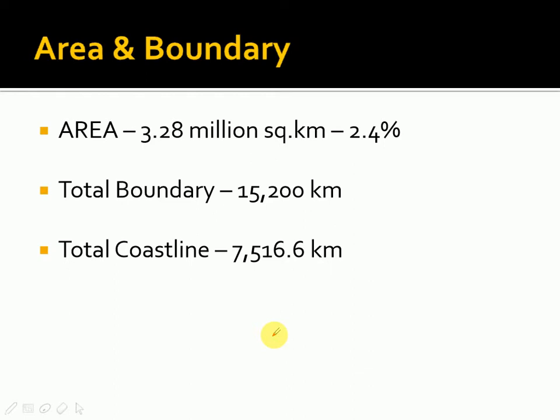There are some important figures that are mentioned in the NCERT. The area of India is 3.28 square kilometer, which is 2.4% of total land mass. I think the population that we carry is 17% of the world population. So just imagine 17% of the world population is living in 2.4% of the world's land mass, and even then we survive, we live together.